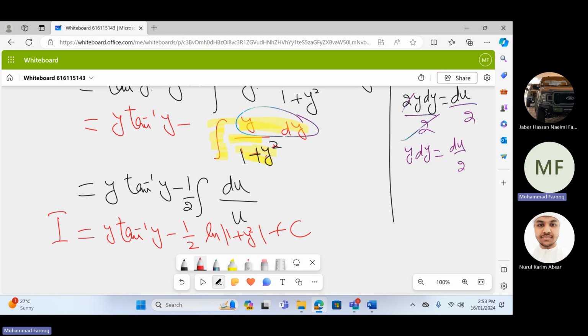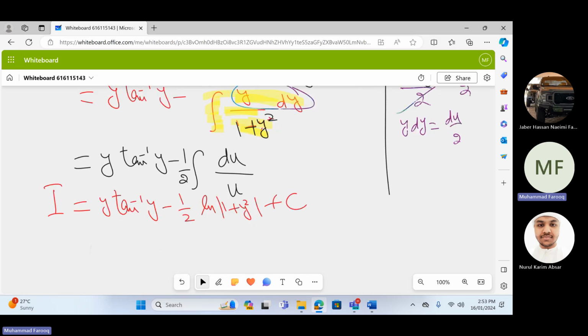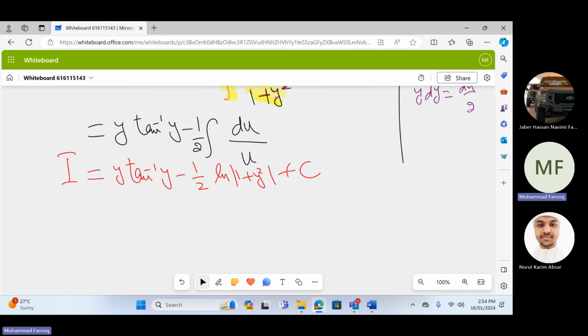Sometimes there is no need for absolute values because the function itself is positive. Why do we put the absolute value on the argument? Because if the argument becomes negative, ln becomes undefined. Right now, y squared is always positive, so y squared never gives you a negative answer, and 1 plus y squared is always positive.